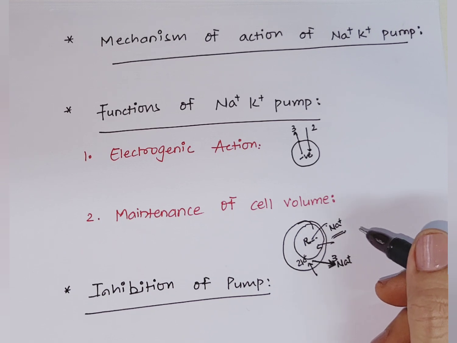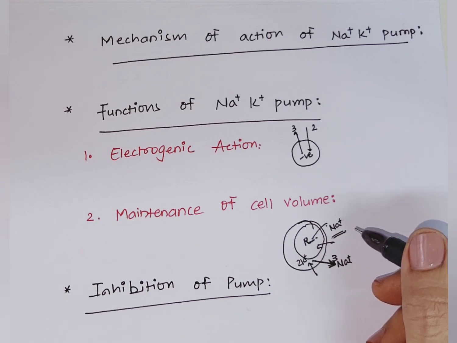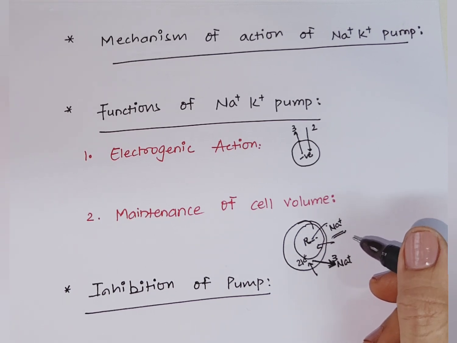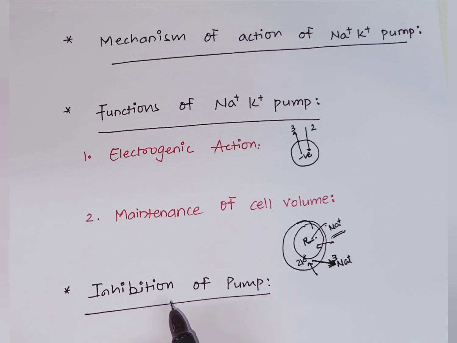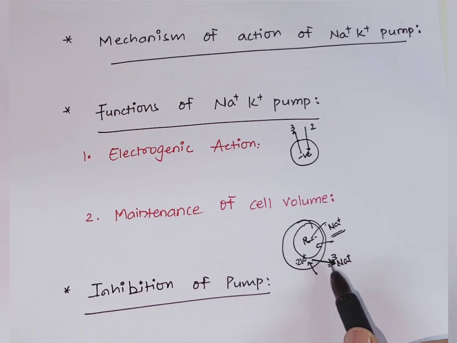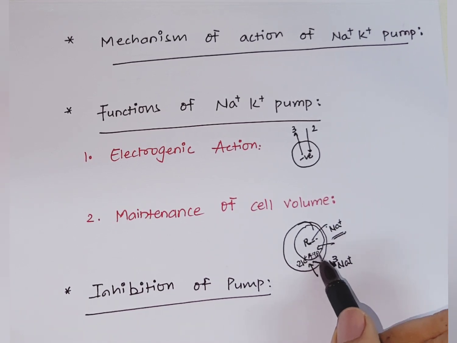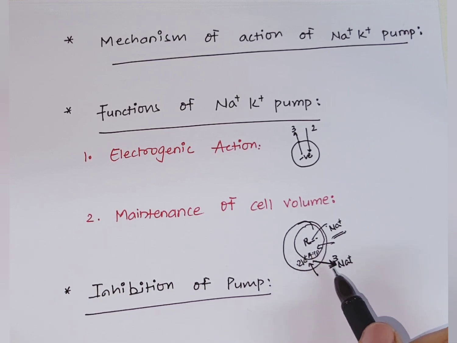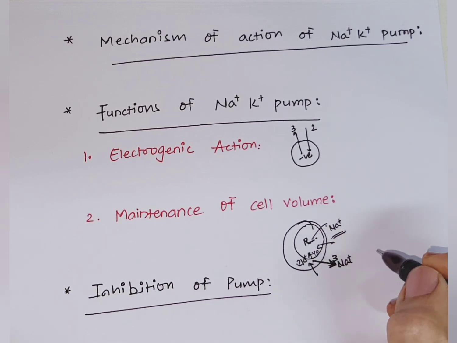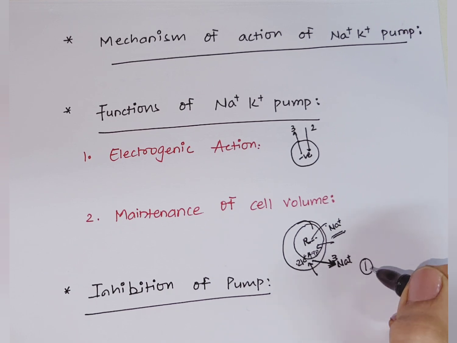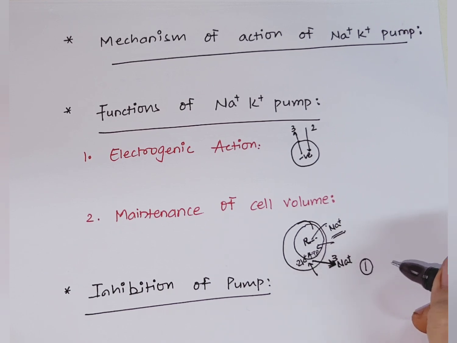Now, the applied aspect here is pump inhibition. This pump requires 3 sodium, 2 potassium and ATP. When all these 6 bind, only then does this pump get activated. If any of the substances is not present, then the pump cannot be activated. That is one inhibitory factor. Second, it requires temperature.